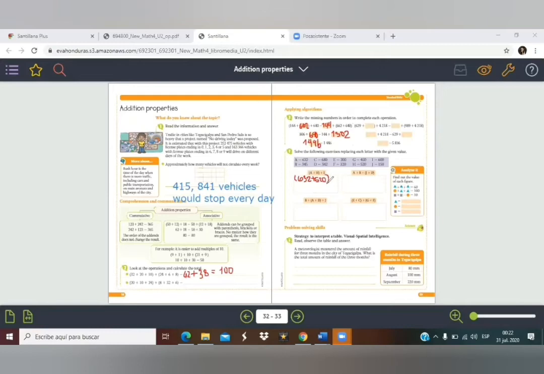Okay, close the parentheses, plus the number of letter E, A, or I, right? 600.